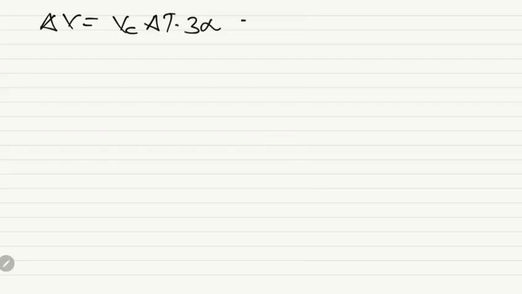So the change in volume has two equations. One is V colder, sometimes called V naught in some literature, times the change in temperature times 3 times alpha. But this is the same as the volume at the hotter temperature minus the volume at the colder temperature.